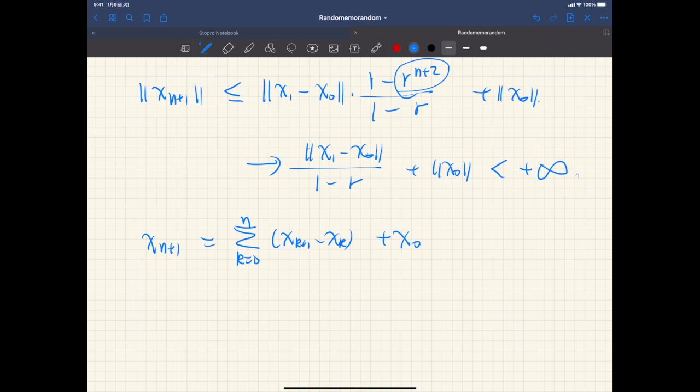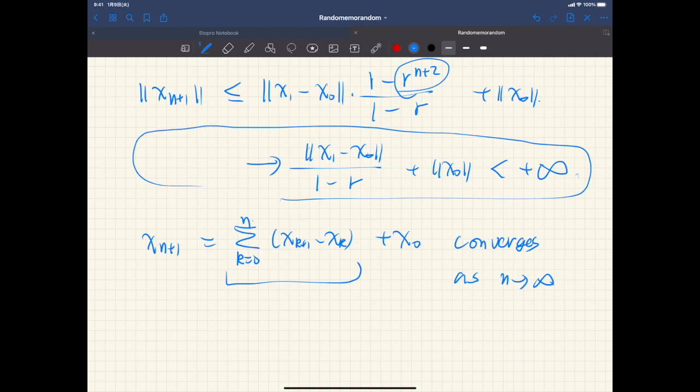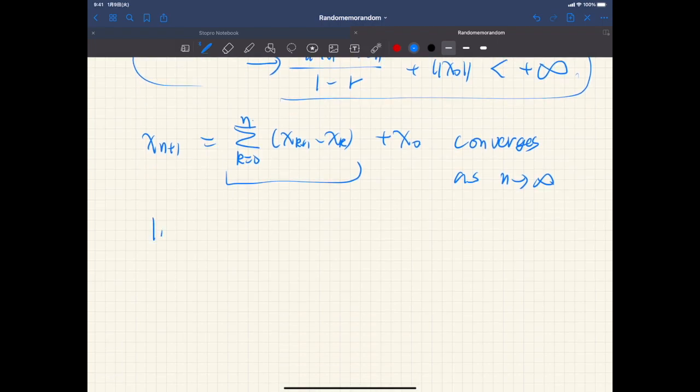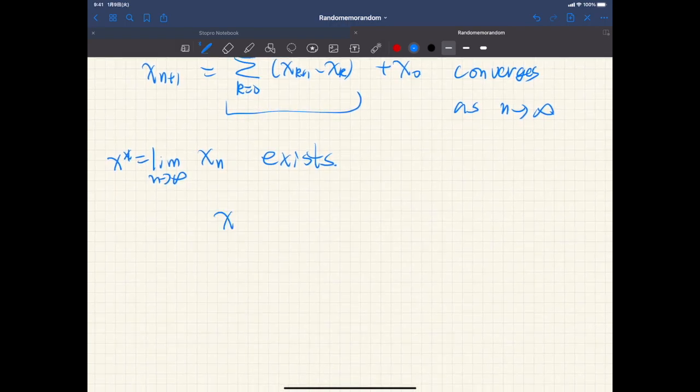If we take n to infinity, then this converges as n goes to infinity, because this is finite. Therefore, this limit exists. So let's define this limit as x star.